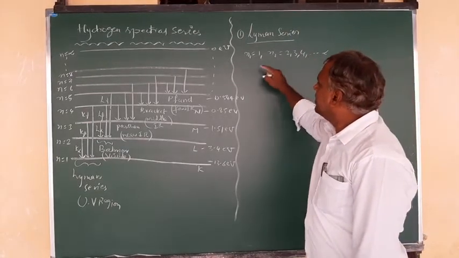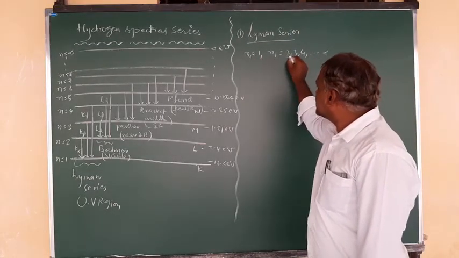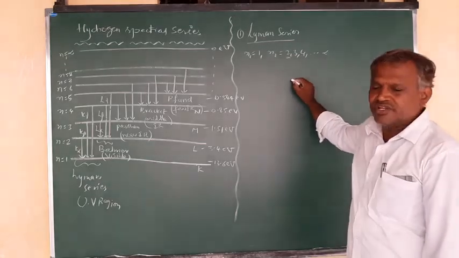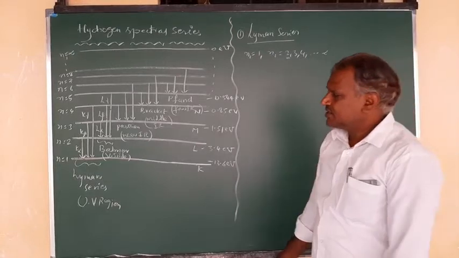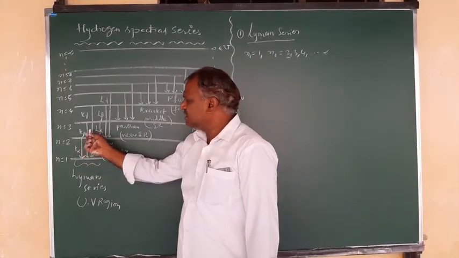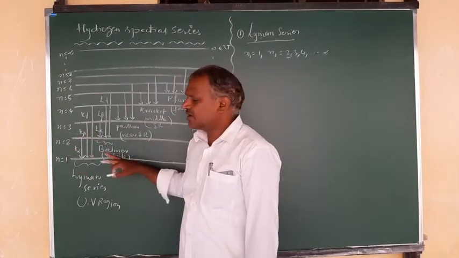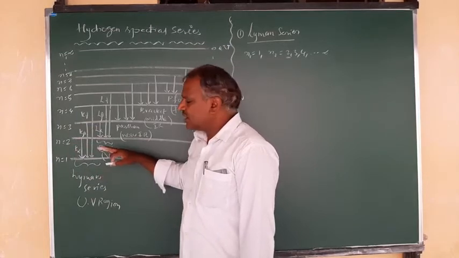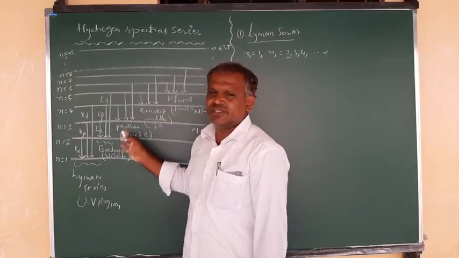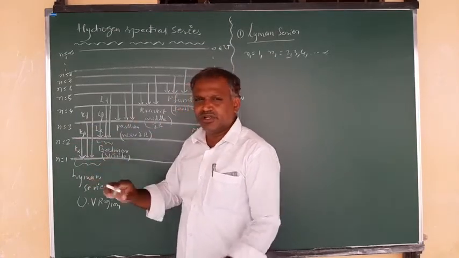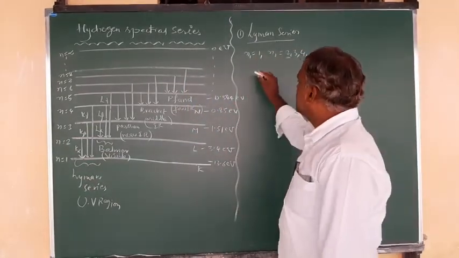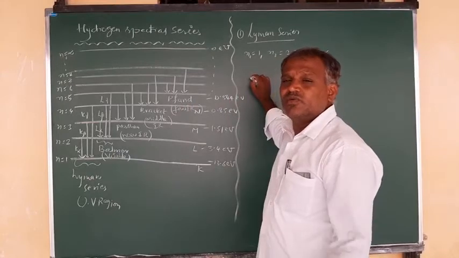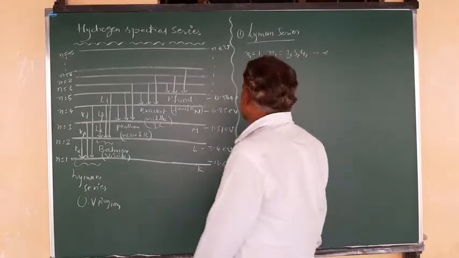When n1 is 1 and n2 is 2, the first transition, that is called the first line, then second line, third line. Like that for Lyman series or Balmer series, for any series, the n1, n2 values should be remembered. Correct. So here, what is the maximum wavelength and what is the minimum wavelength can be calculated.